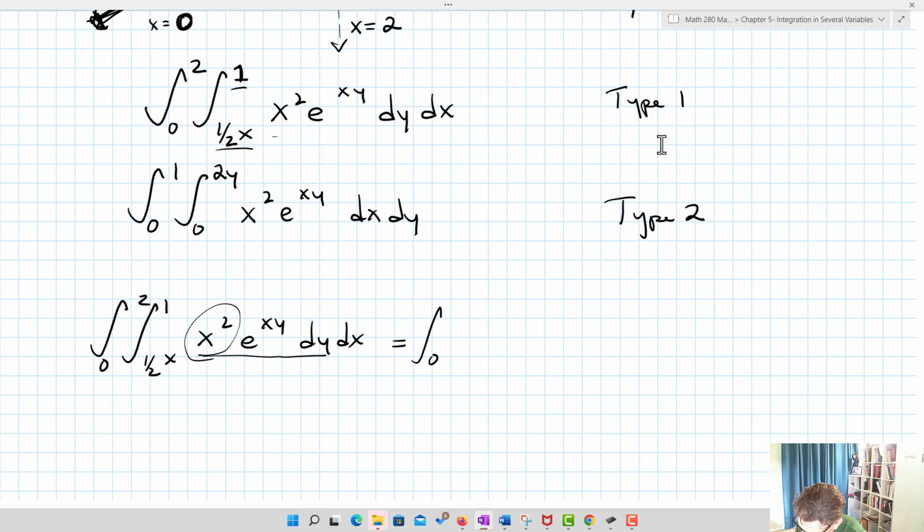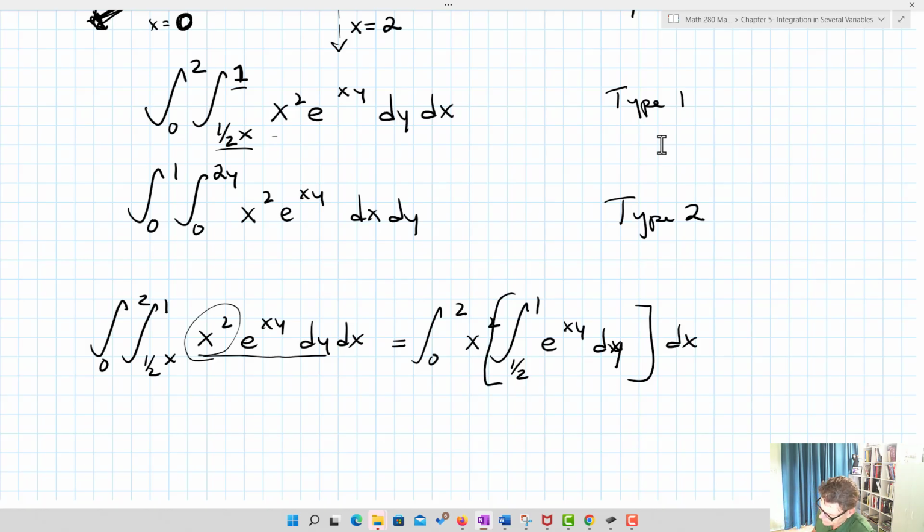So I'm just going to make the 0 to 2, and this will be x squared, the integral from 1/2 to 1, e to the xy dy, and then we'll do the whole thing dx.